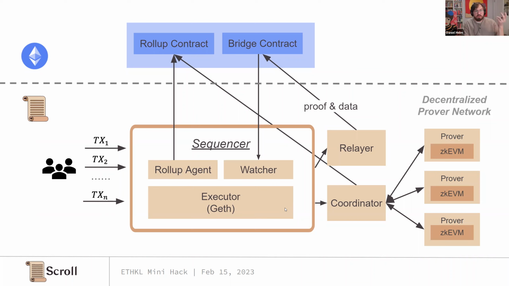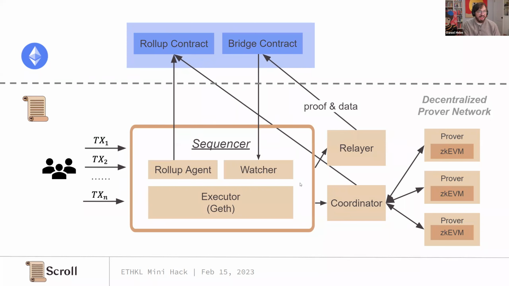So the work being done by the transactions coming into the network, that record of all the things that happen when that transaction gets processed, gets passed to something called the coordinator, who will choose a prover in our decentralized prover network to take that record and pass it into their zkEVM. This is our magical proof generator that will get passed back to a coordinator, and that coordinator will commit that to the L1 in our rollup contract.